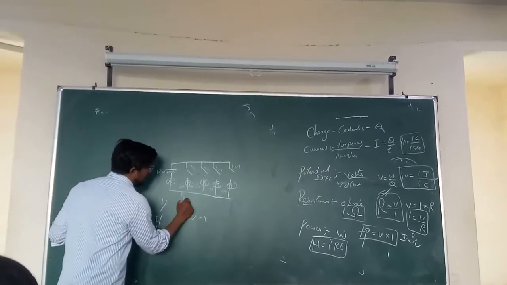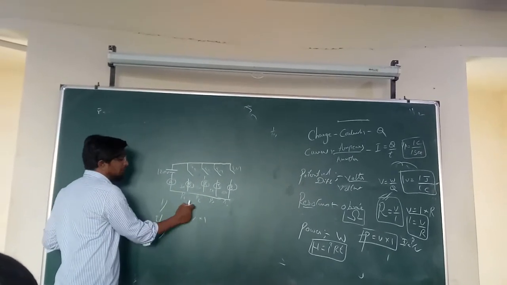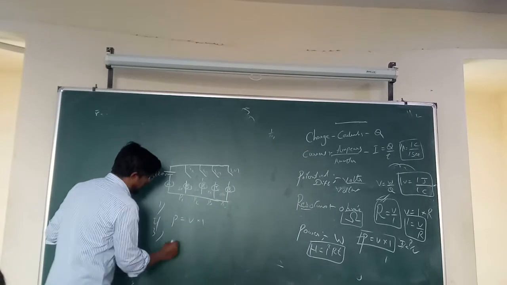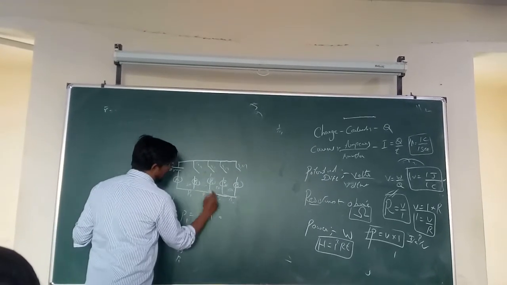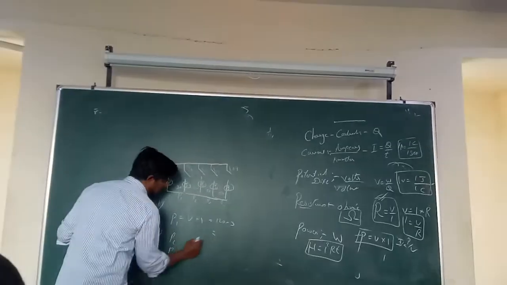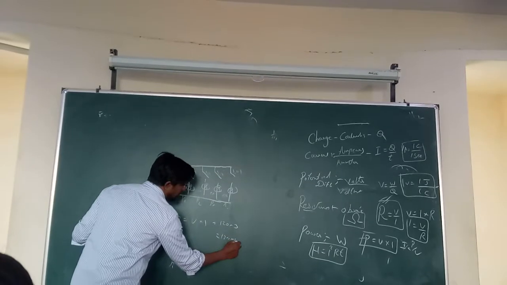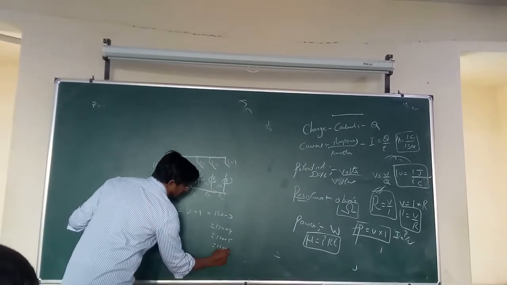So we have P1, P2, P3, P4. P1 is the power of the first bulb, P2 second bulb, third bulb and fourth. P1 is voltage 120 into 3 amperes. P2 is 120 into 4 amperes. 120 into 5 amperes. 120 into 6 amperes.